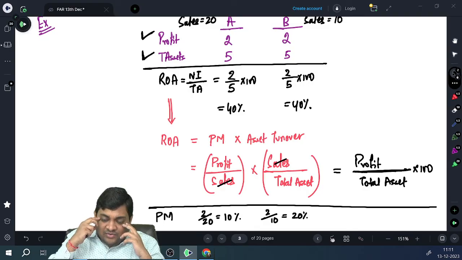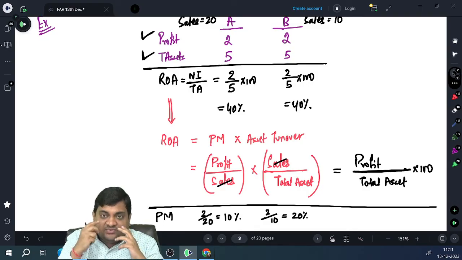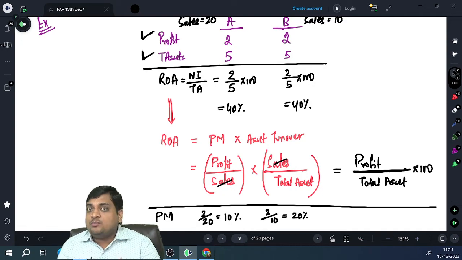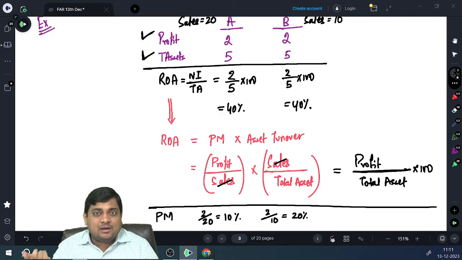So see, this topic is very important not only for FAR, it is also important for audit, because the auditor needs to do a lot of procedures, right? Like test of controls, substantive procedures, in that you have analytical procedures, test of details, right? So when the auditor is performing these procedures, these ratios will play a very important role.